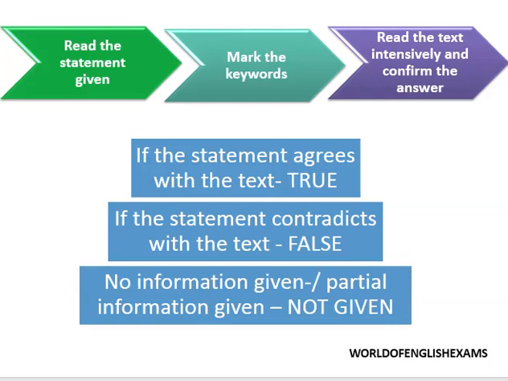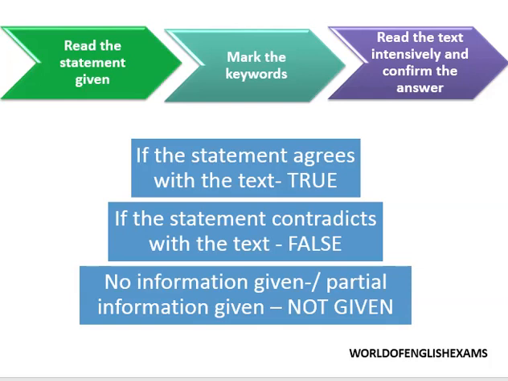So this is a three-step method that I always suggest to the students to approach the questions of true, false, not given. In fact, the same strategy will also work for yes, no, not given. Now, when to confirm the answer as true? When the statement agrees completely with the text, that is, the meaning of the sentence or the statement matches with the text.